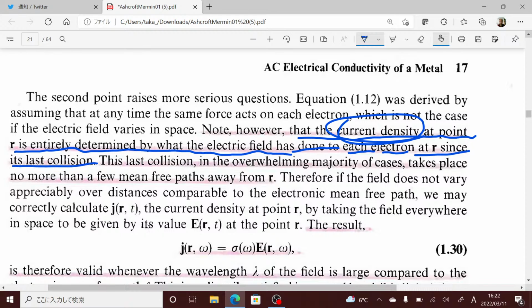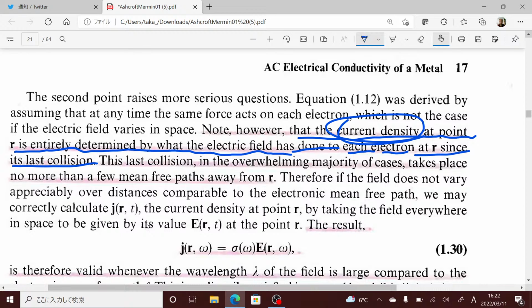Okay, the last collision in the overwhelming majority of cases takes place no more than a few mean-free paths away from r.